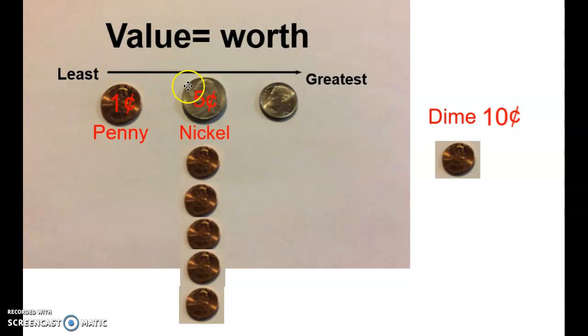The next greatest value of coin is the dime. So the dime is the smallest in size, but it's worth the most. It's worth 10 cents. How many pennies would be in a dime?